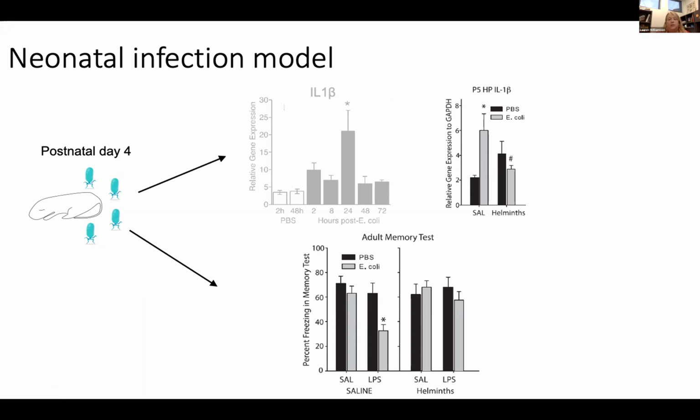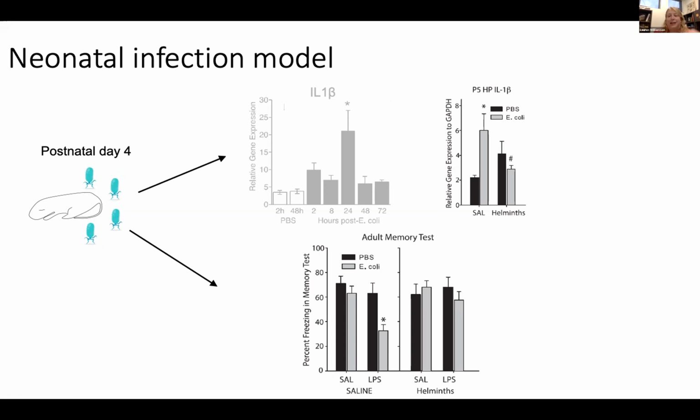So in this study that I'm showing here, mom and baby got worms at different times. Mom got them before baby was even conceived, and the pups got them at weaning before they were moved to their own cages. So the combination seems to be very effective at reducing a kind of lifelong inflammatory tone in the brain.